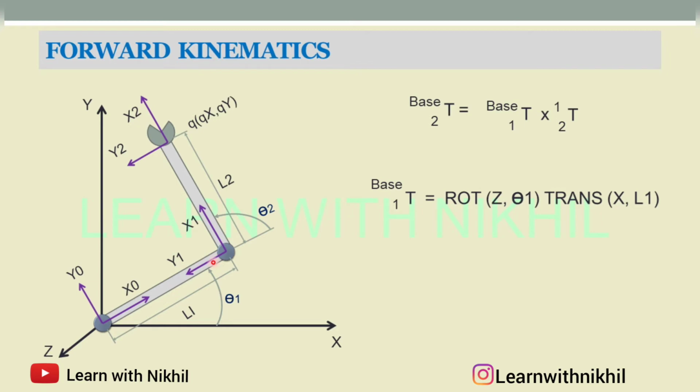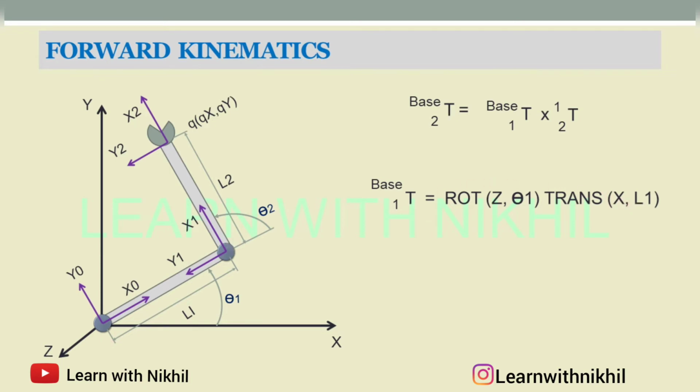So the transformation of 1 with respect to the base is nothing but rotation about the z axis at an angle of theta 1, multiplied by transformation along the x axis at a length of L1.